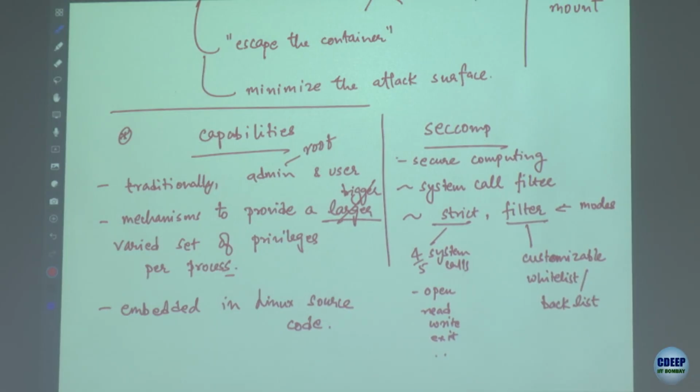So you can create a list of system calls that you want to allow. You can create a bunch of system calls which you don't want to allow, right? And you can associate this profile, right? And I think the question that was being asked earlier about AppArmor or SE Linux.